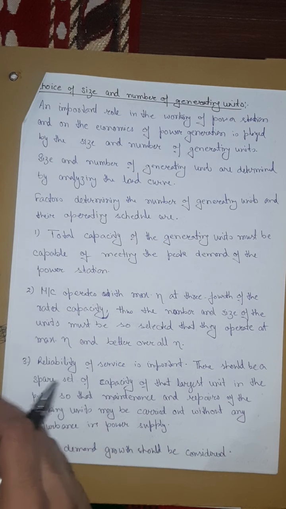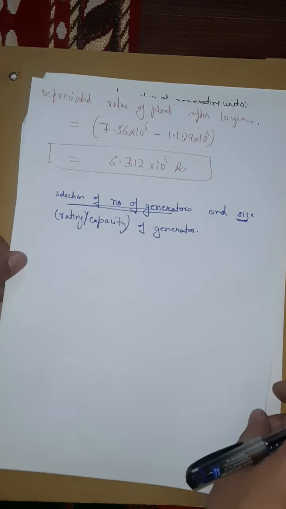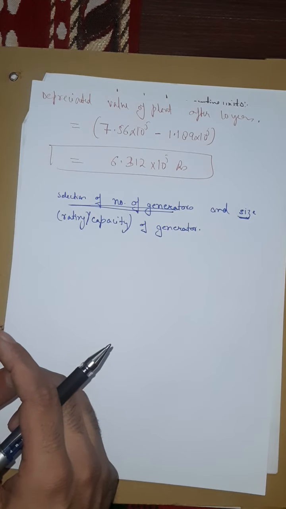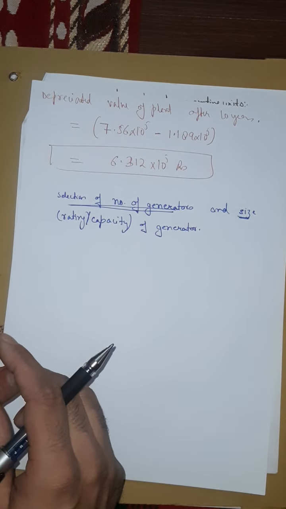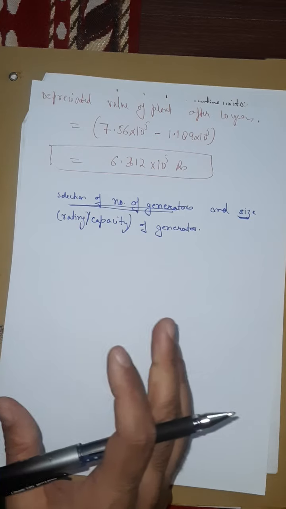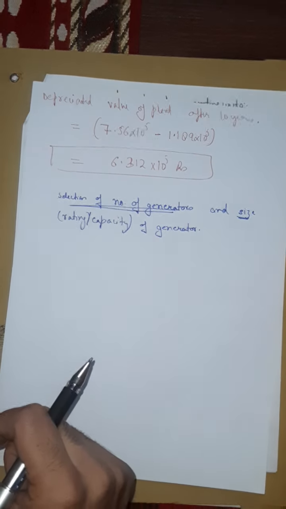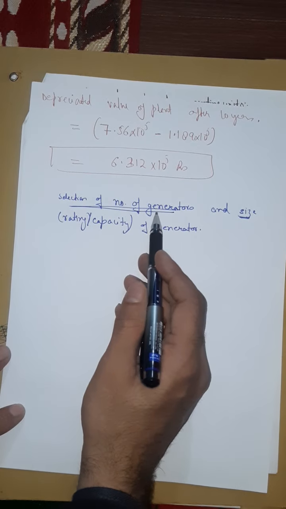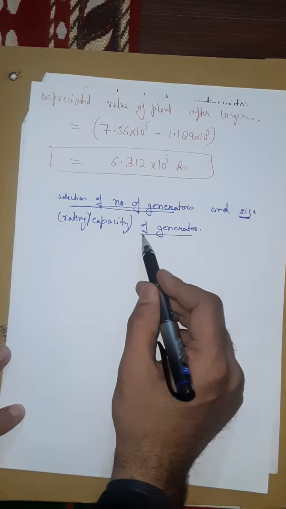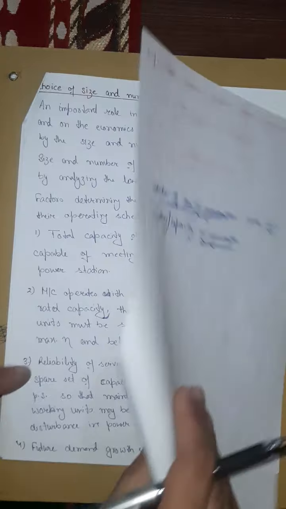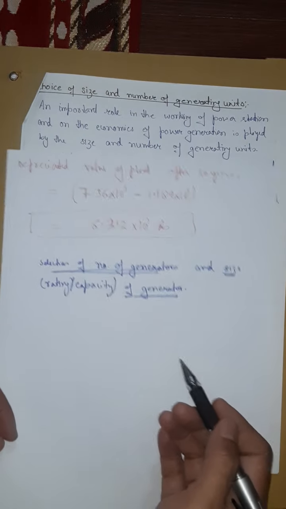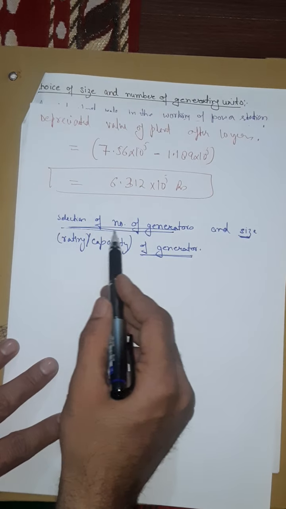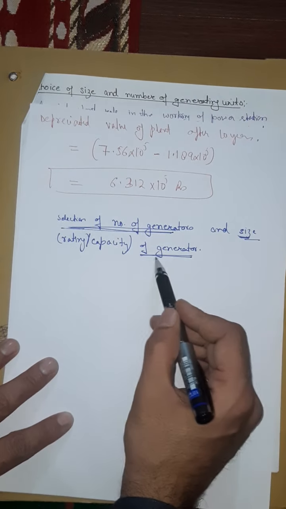Economics of generation. A major concern of the economics of generation is the selection of the number of generator units and the size of the generators. And how will you decide how many generators there should be, and what should be the size of the generator?